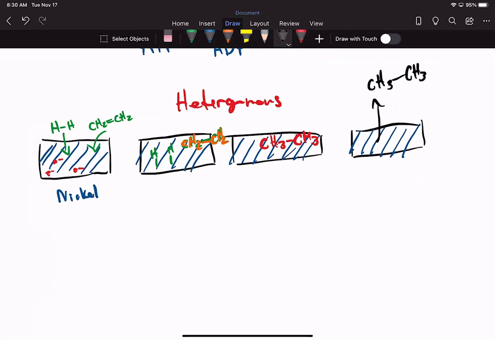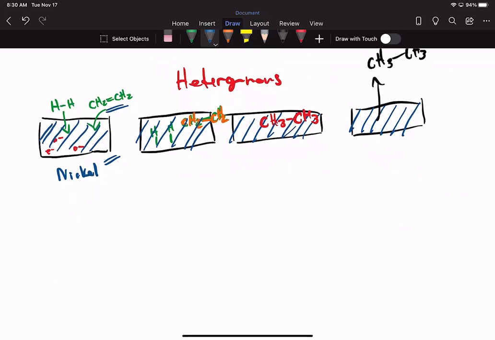Because it uses a heterogeneous catalyst. We have something in the gas phase here, and then something here in the solid phase, right? This is definitely multi-step, and we definitely have two different phases here regarding the catalyst nickel and the reactant ethene here.